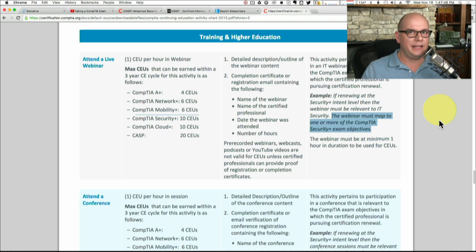Which means, technically speaking, my Network Plus study groups would also apply to this, since networking is in there. So there's plenty to choose from for doing your renewals. It's useful to be able to do that.